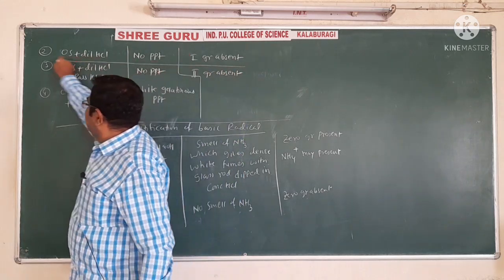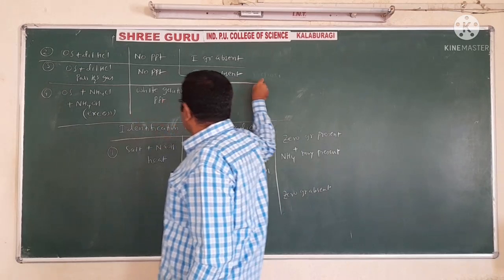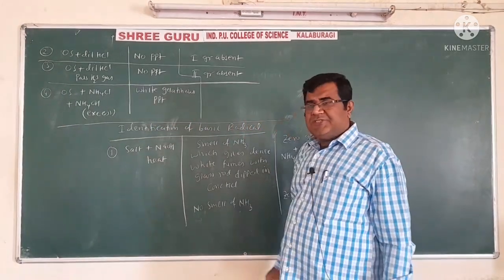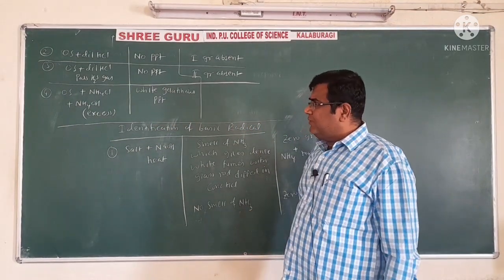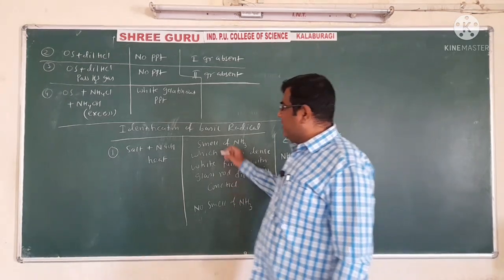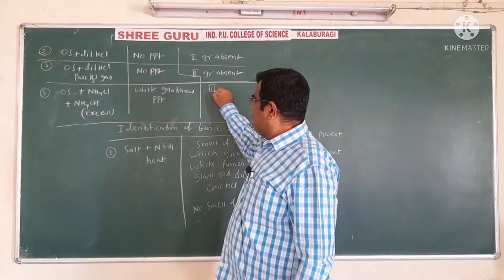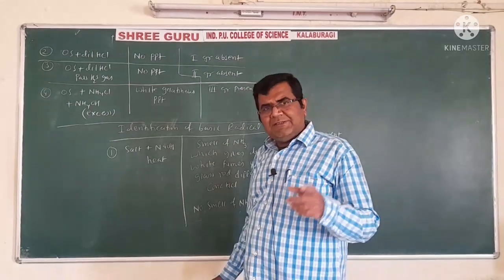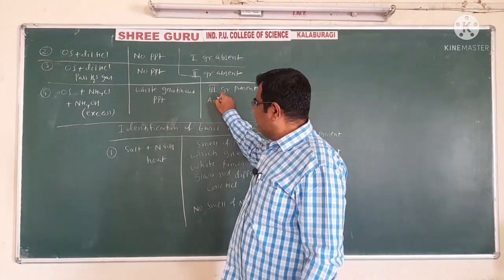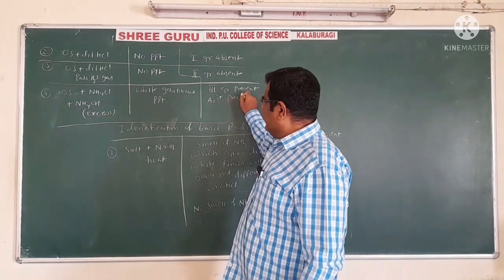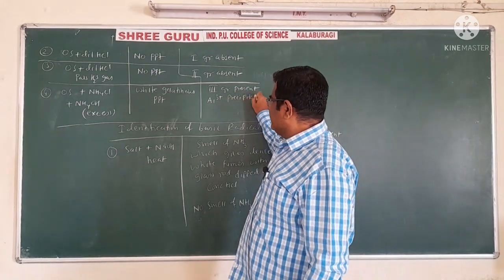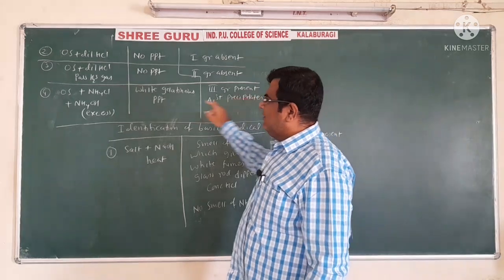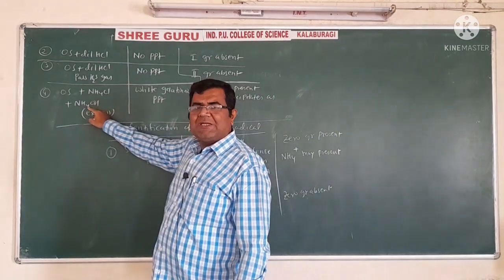This is the first group. This is the second group. They are absent. In the inference, the third group is present. You have to write third group present, and there is only one radical in third group, Al3+. Al3+ precipitates as what we had, ammonium hydroxide lastly.